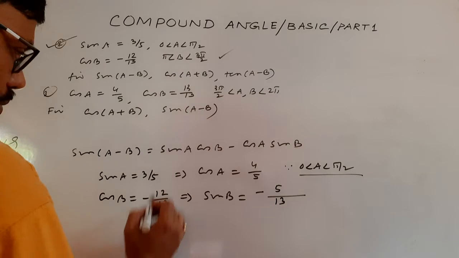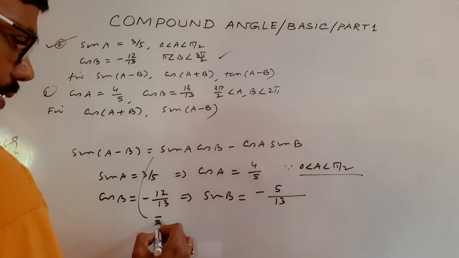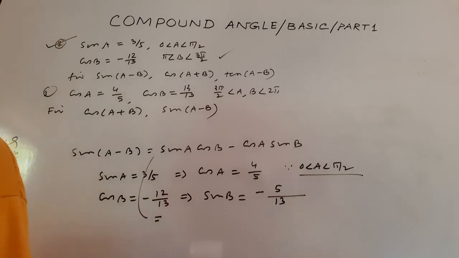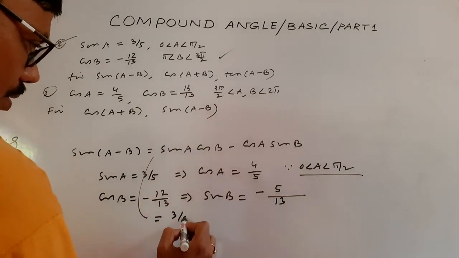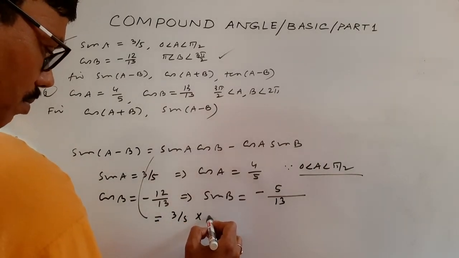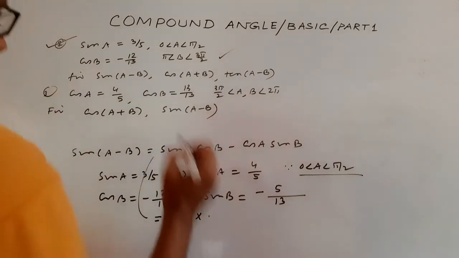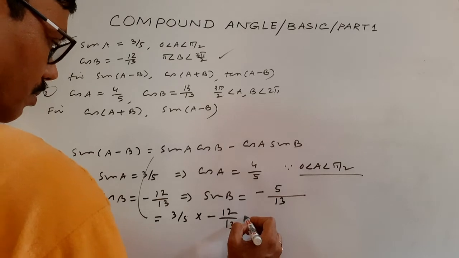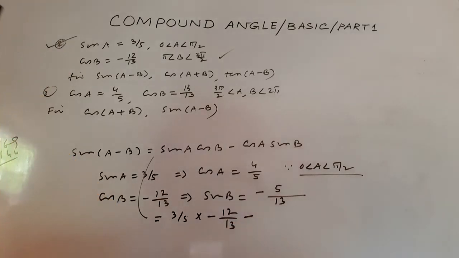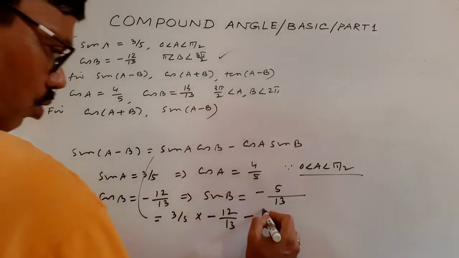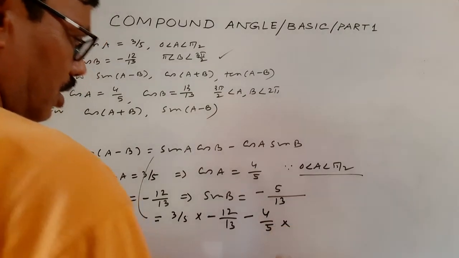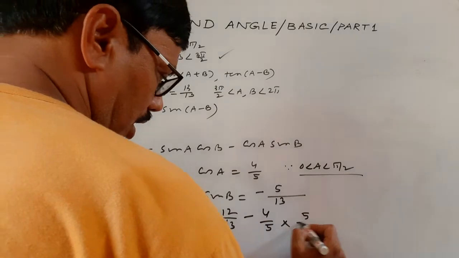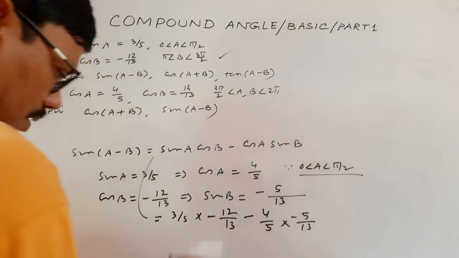So put the values. Sin A is 3 by 5, cos B is minus 12 by 13, minus cos A, which is 4 by 5, sin B, which is 5 by 13 with negative sign.